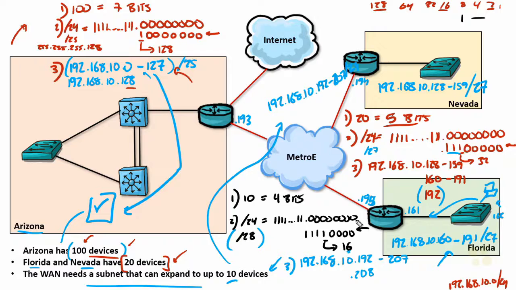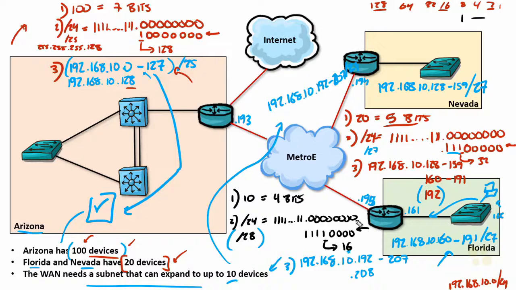Now, something that I've been asked a lot when I show an example like this, somebody's like, okay, well, what happens when Arizona grows to 200 devices? What do you do then? Well, then you blew it up, and that's why these kind of things work on paper, but you would not do a subnetting scheme this tight in the real world.